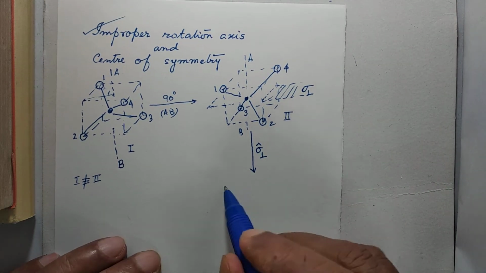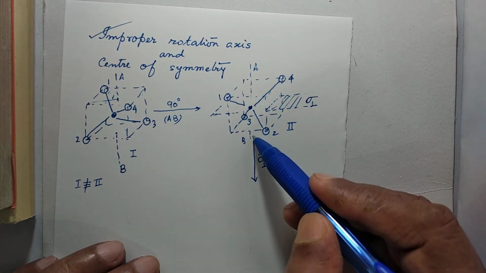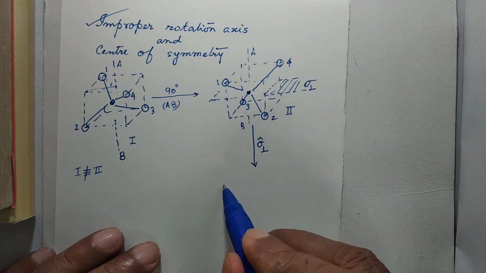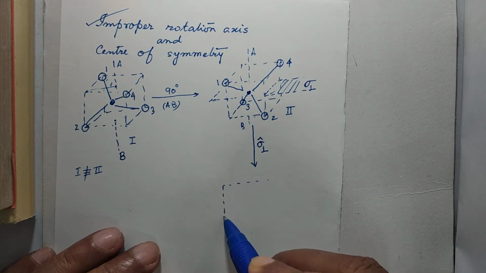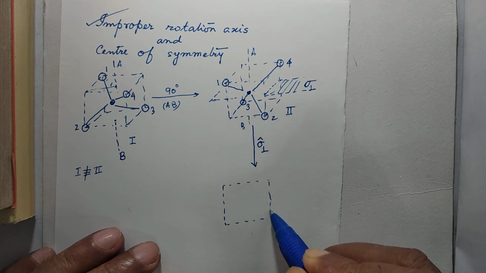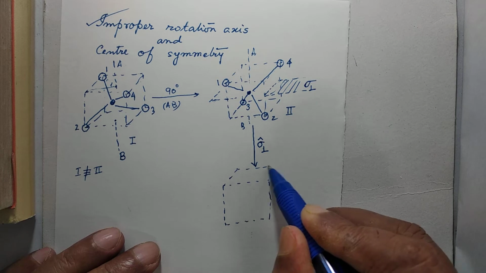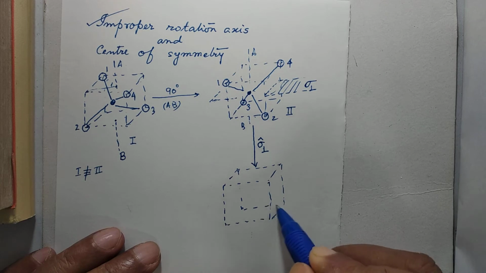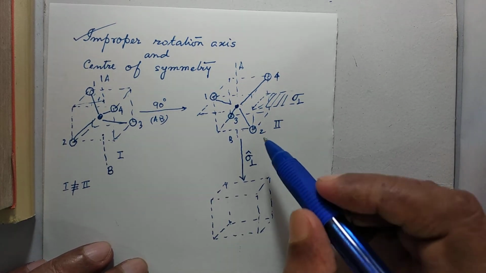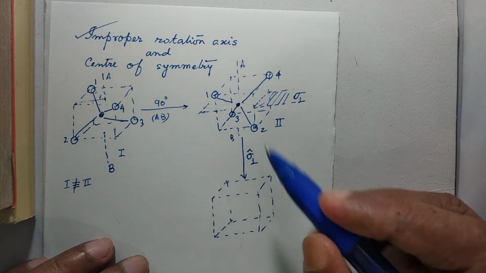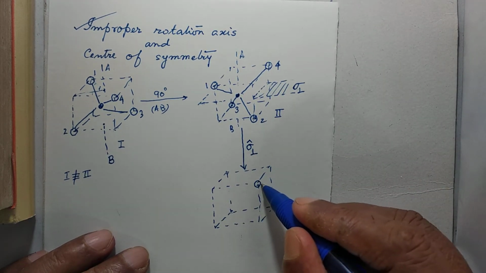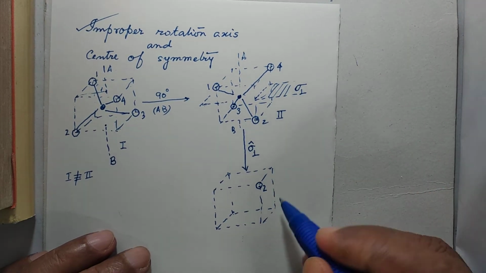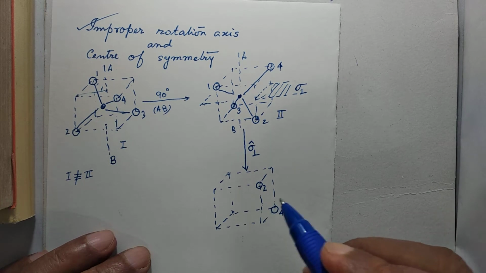The upper portion of the cube will go to the lower portion, and this part will go to the top part. The overall cube retains its shape. The overall cube remains a cube, but the arrangement of the atoms will change. 2 goes to this corner, so this is the new position of 2. 4 comes down to this corner, therefore this is the new position of 4.